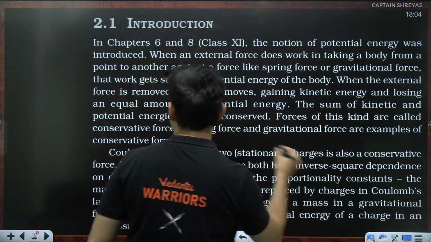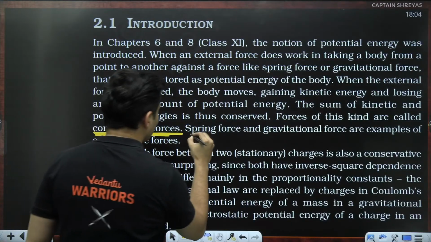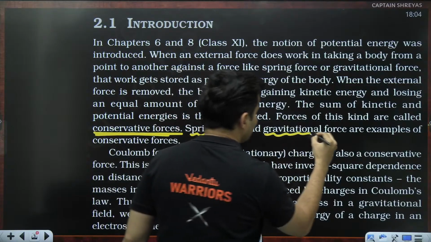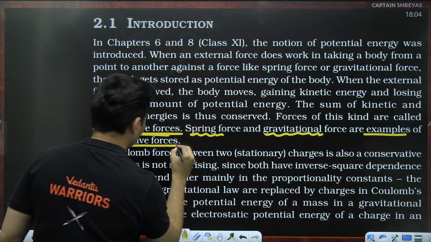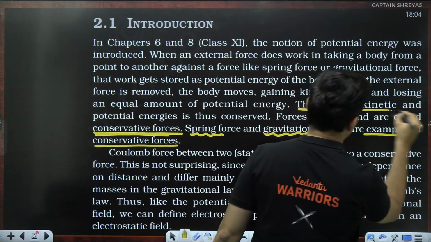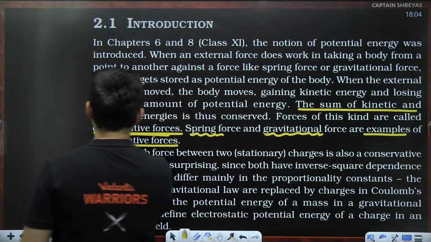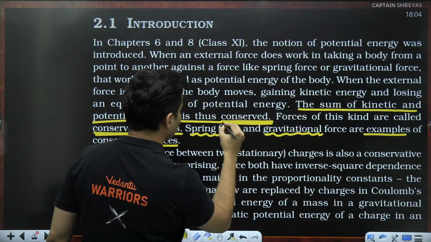So here they talk about something called the conservative force. Spring and gravitational forces are examples of conservative forces, and these conservative forces ensure that the sum of kinetic energy and potential energy is always conserved. That's why they are called conservative.